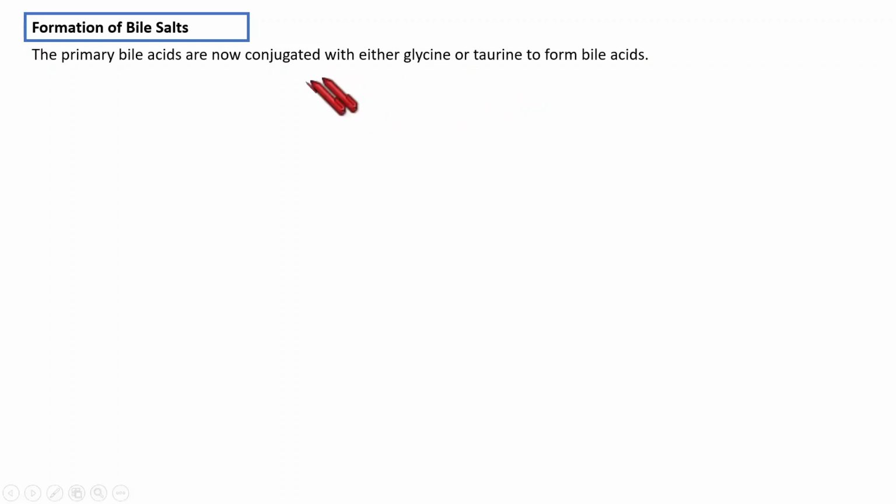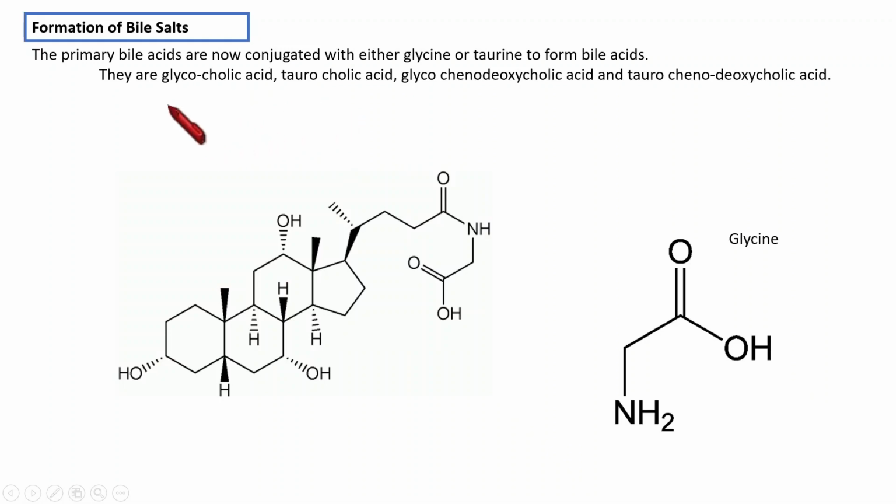Depending upon what type of amino acid is combined with the bile acid, there exist different types of conjugated bile acids like glycocholic acid, taurocholic acid, glycochenodeoxycholic acid, likewise. Among the different conjugated primary bile acids, the main one is glycocholic acid. Why?